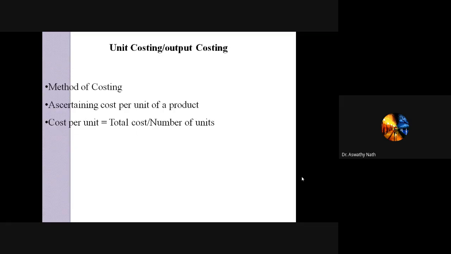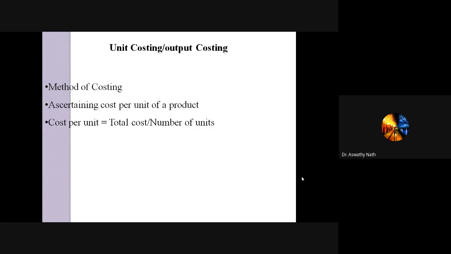So to the last portion, unit costing or output costing. Unit costing is also an important method of costing, which is normally applied in those industries where production is continuous. In those cases, we apply unit costing.